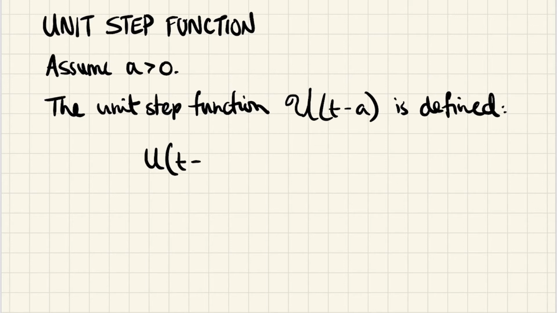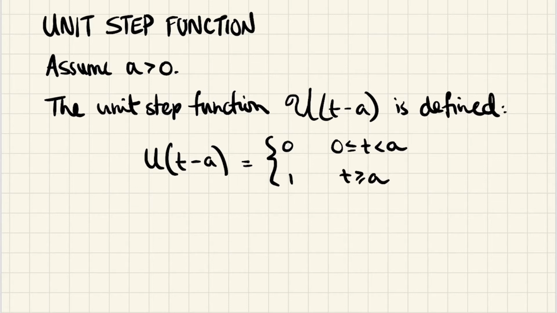So we say u of t minus a is the piecewise function outputting 0 if t is less than a, or 1 if t is greater than or equal to a.